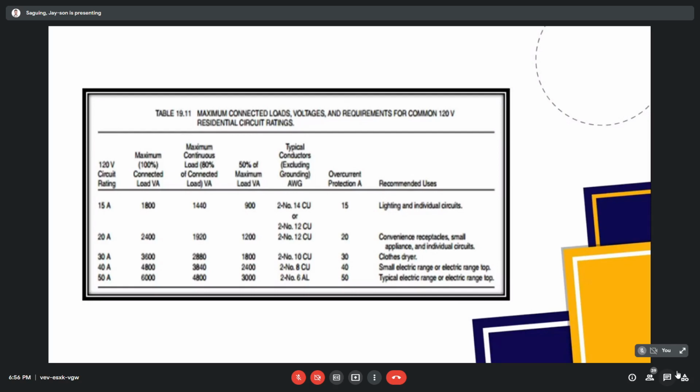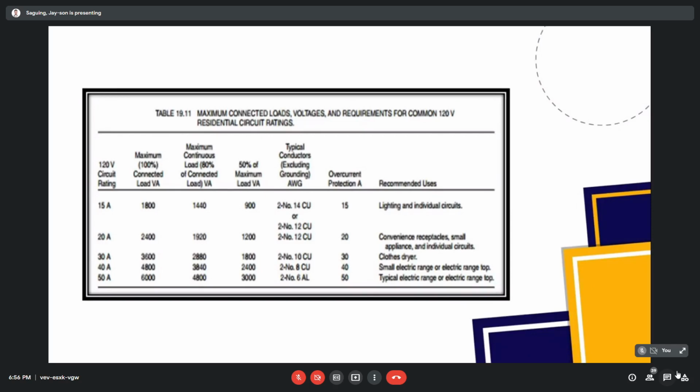So gikuha ra ni by taking 80% of the 1,800. And to get the 50% of its maximum load in volt amps, we're just going to take the 50% of 1,800. So we have here 900. And for the typical conductors, this is the suggested conductors to be used given the following volt amps, and also the rating of the overcurrent protection devices.